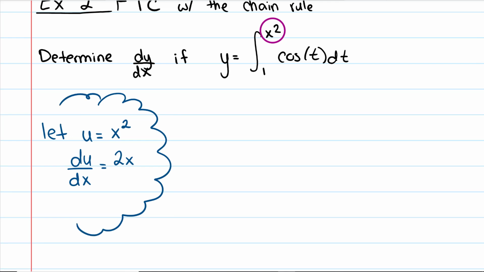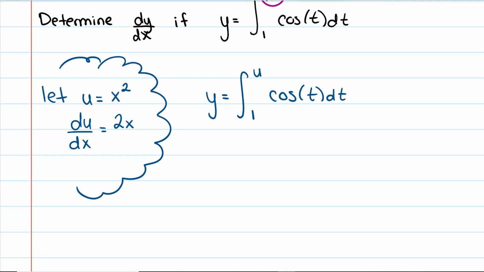If we use our u substitution, we get that y is equal to the integral from 1 to u of cosine of t dt. Now we're going to take the derivative on both sides with respect to x.